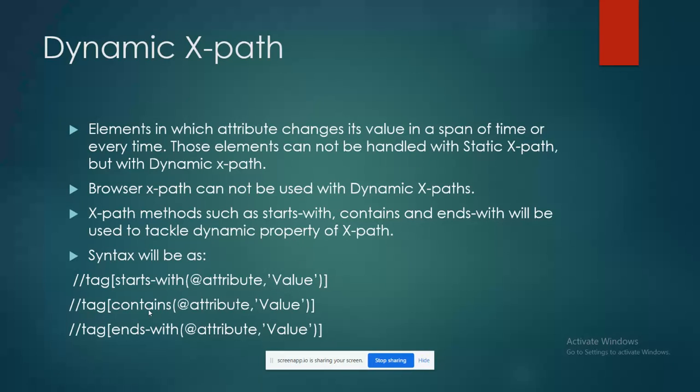Contains means that any part of the value will remain the same, but the other part keeps on changing. So we use contains with the attribute name and the part of the value that does not change. In the same way we use ends-with. If the initial part of the value keeps on changing but the end part remains the same, in this case we can use ends-with.